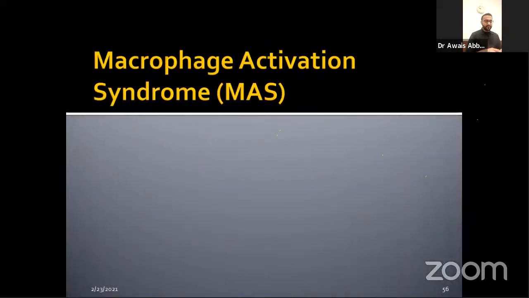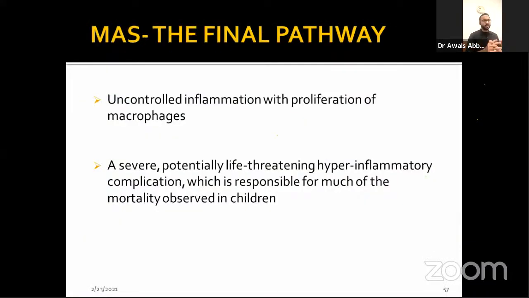The final phenotype, that is a phenotype in a sense, but actually shares a chunk of all of these phenotypes as well, is the macrophage activation syndrome. We call it the final pathway as well, because all of these three phenotypes have the potential to land up in the MAS pathophysiology. So what is MAS?